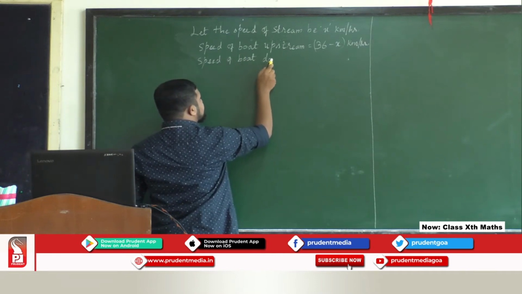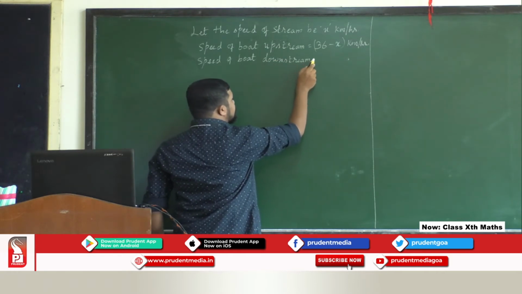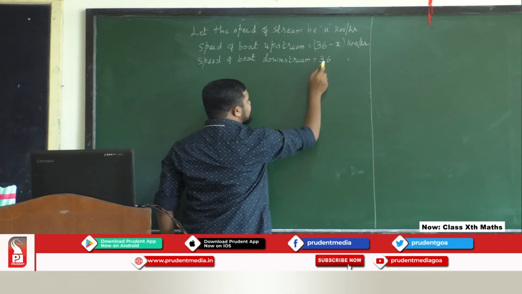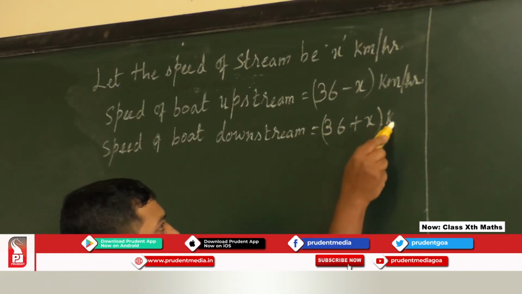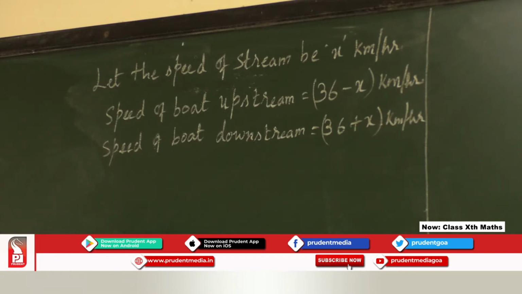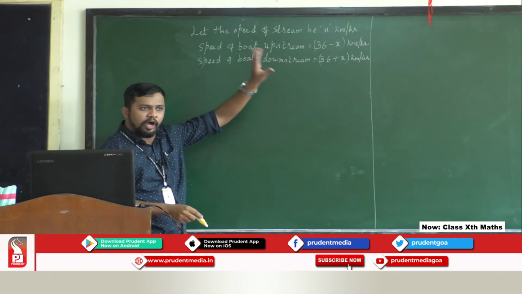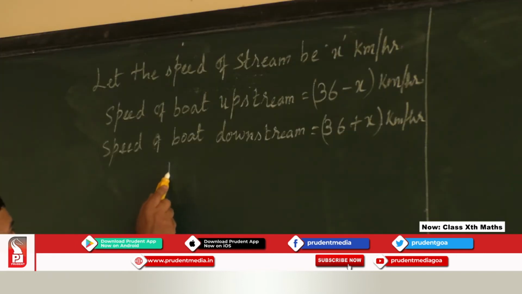Same way, speed of boat downstream. Again, we know the speed of boat, 36 plus x. So two speeds we got, upstream and downstream. Obviously, we will get two times. Write the distance, what is given to you.